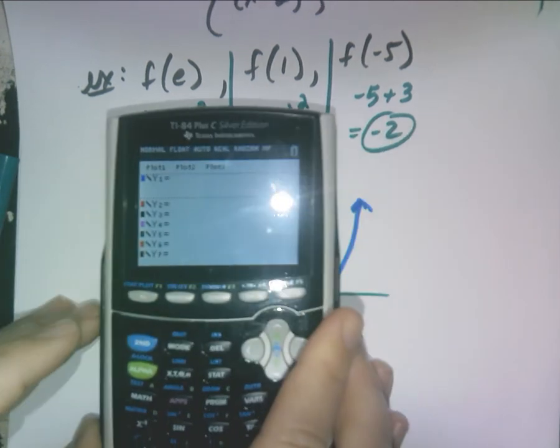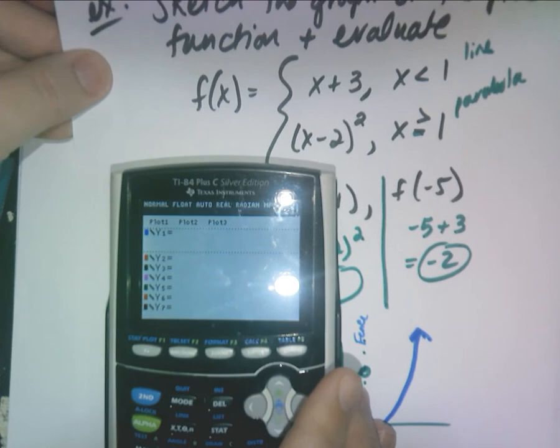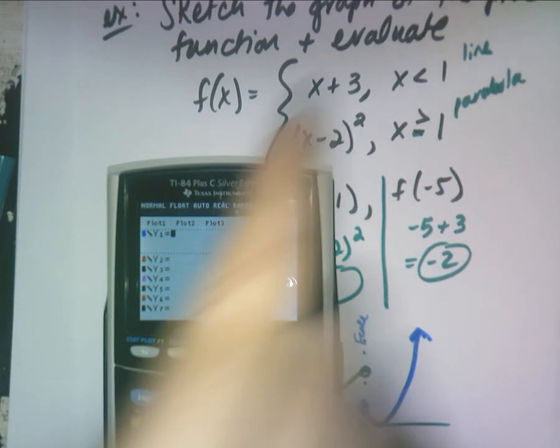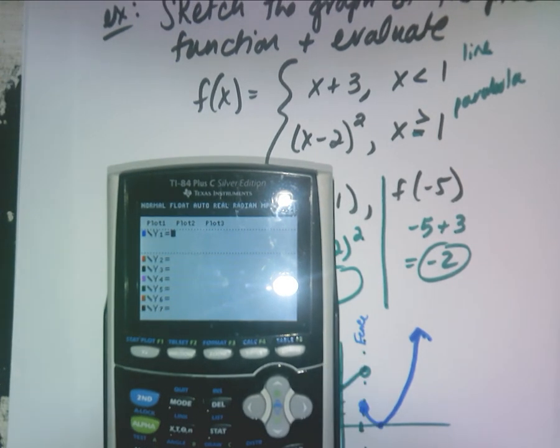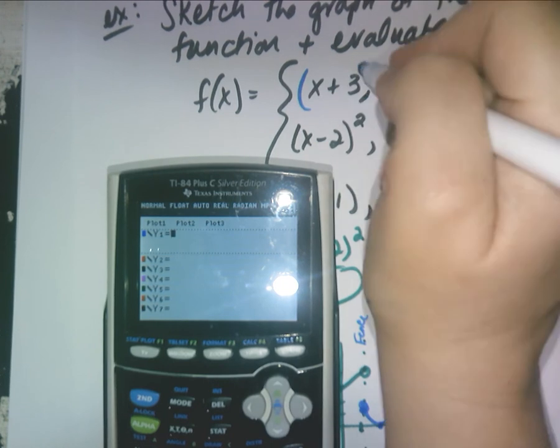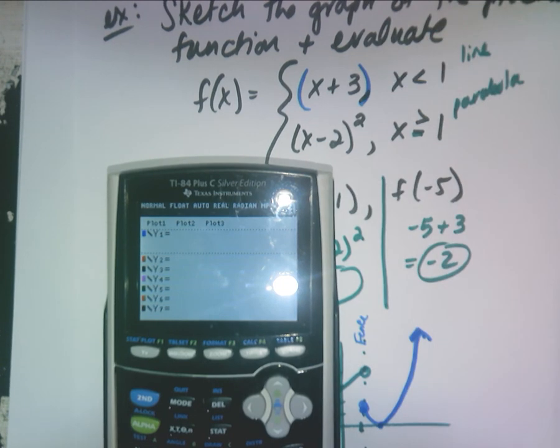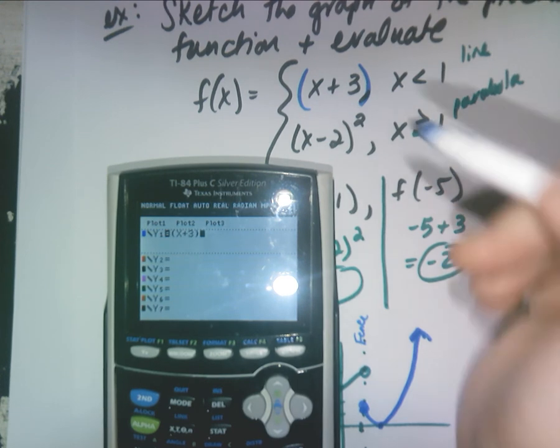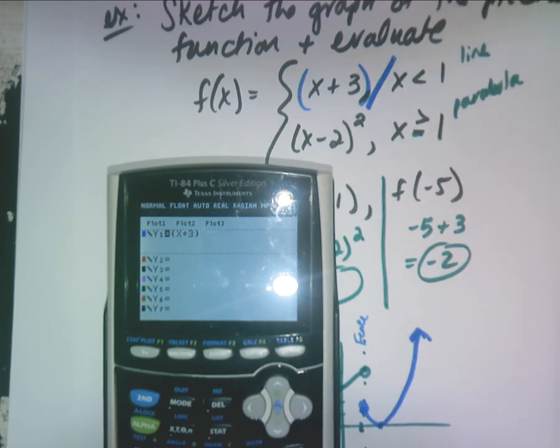To graph this the old way, let me move this down. You put this into y1 as a parenthesis. So x plus 3 in parentheses. Then you hit divide.